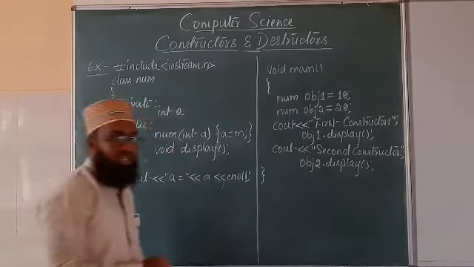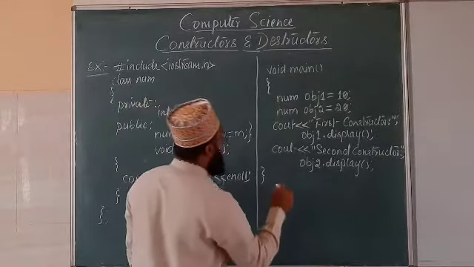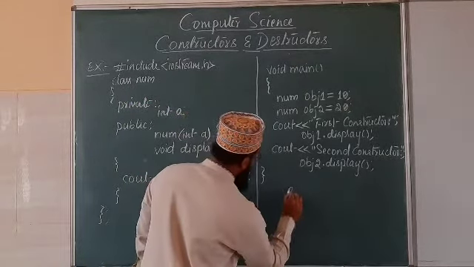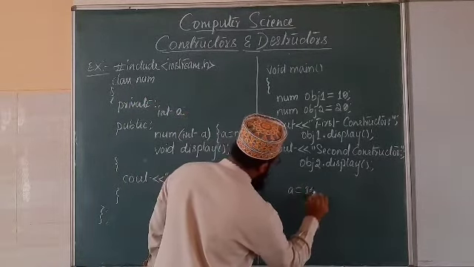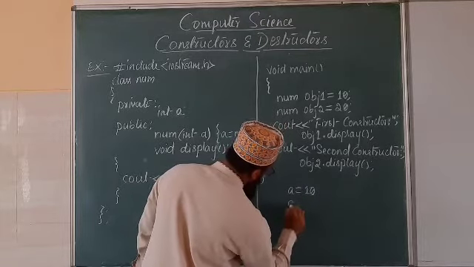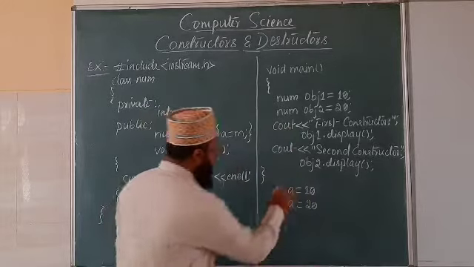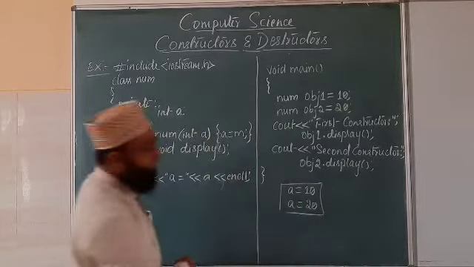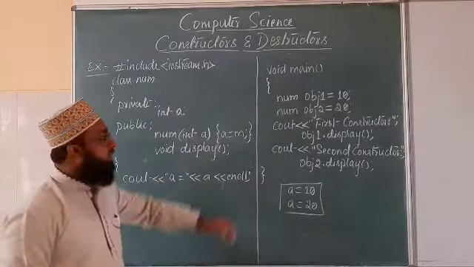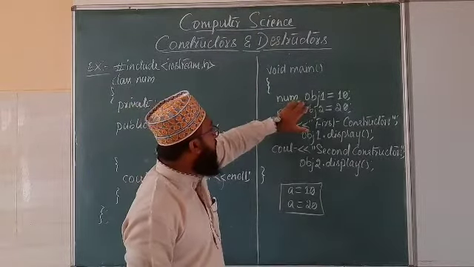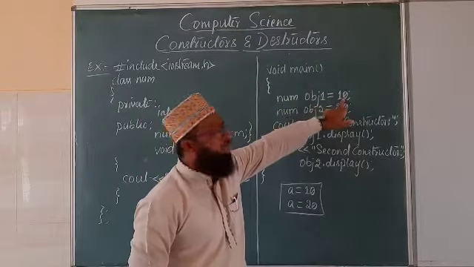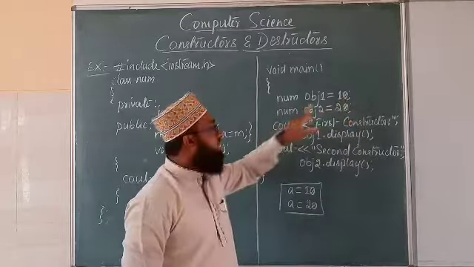After that, finally, the output of this program will be, okay, A equals 10 and then A equals 20. Only like this you will get the output of this program. Okay, here you have given only object declaration, the assignment operator and the values to be initialized.